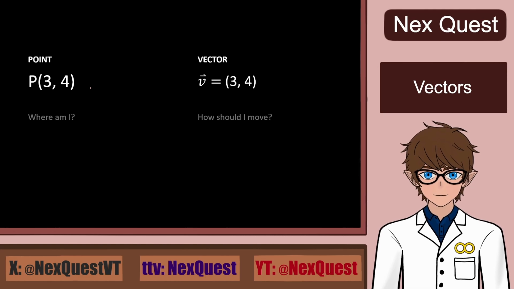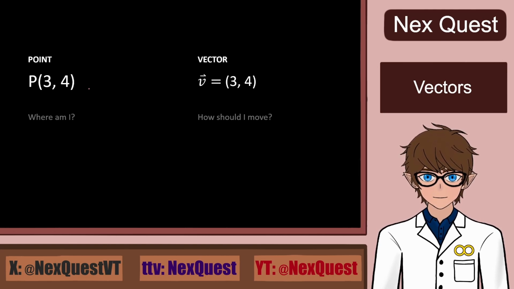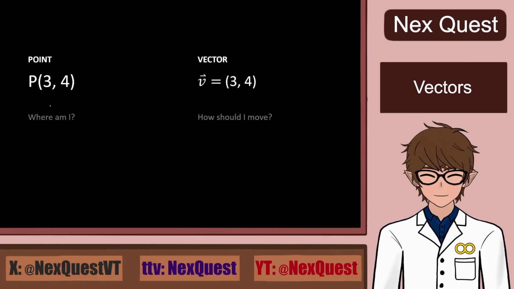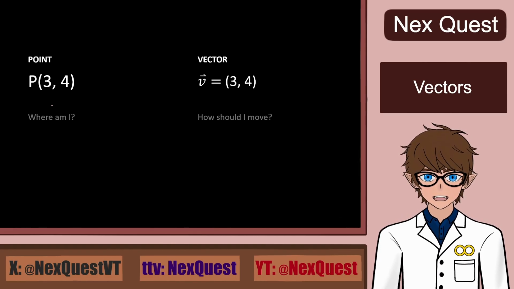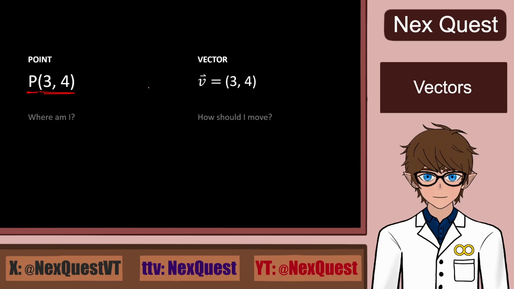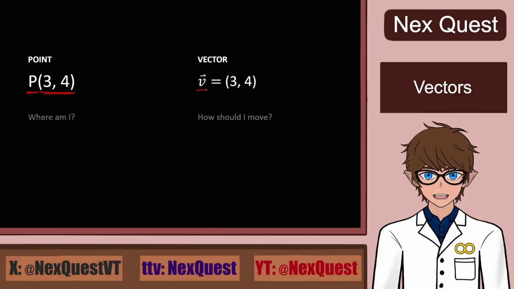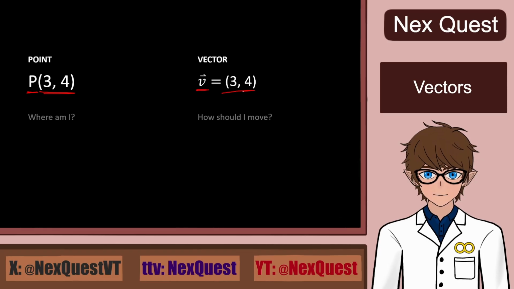Now, let's reinforce this a little bit, because what is the difference between the point and the vector? Well, the point tells us where we are, while the vector tells us how far and in which direction we should move. Points are marked with a capital letter followed by their coordinates, while vectors are marked with an arrow roof over the letter, which equals the coordinates. So it's important to not confuse the two.